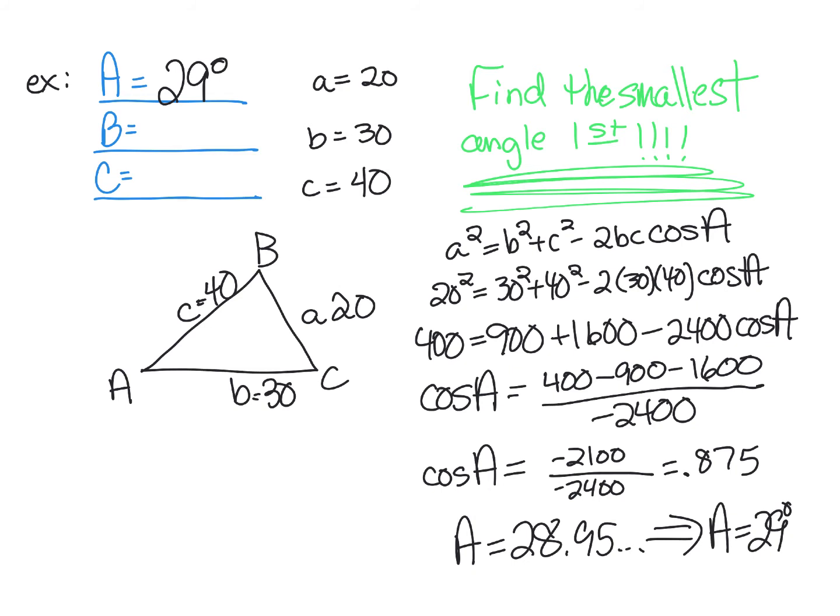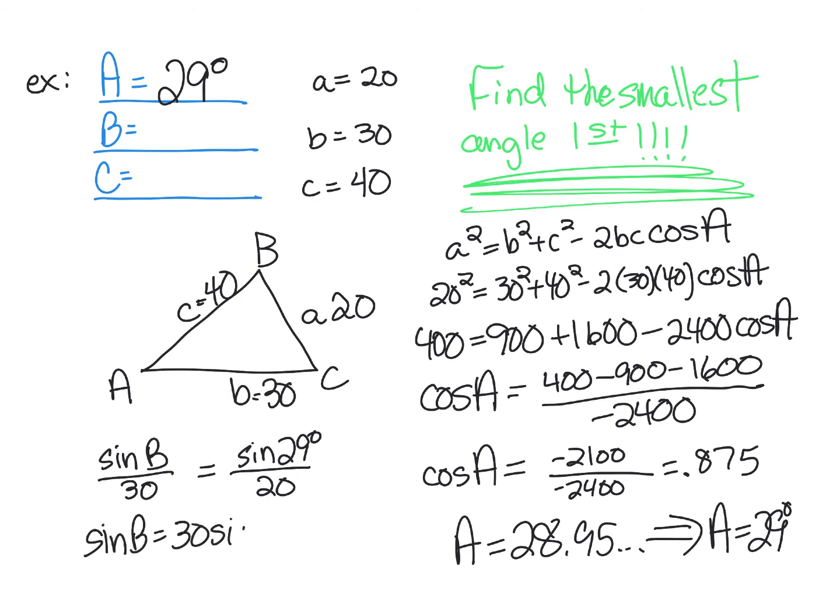So far, I have sine of 29 is to 20 the same way. Let's do B. Sine B is to side B, 30. So sine B is 30 sine 29 over 20.